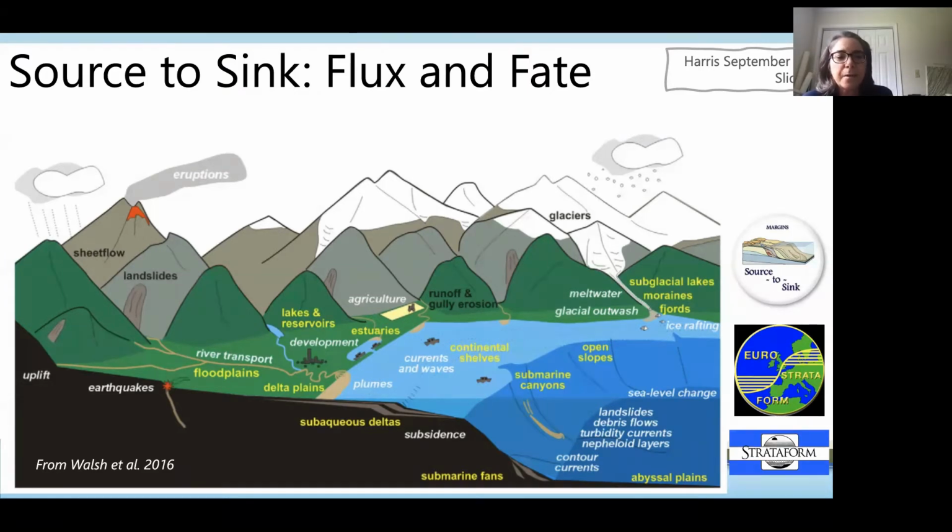This is a figure that was generated from the Margins Source to Sink program, and it's showing a general cross-sectional view of a sedimentary system, going from the source materials up in the uplands down to depositional locations on the continental shelves and even in the deep sea. So my own research has been focused on how the materials are modified, buried, and reworked once they get into the coastal ocean.